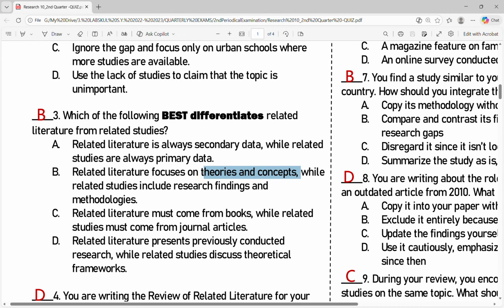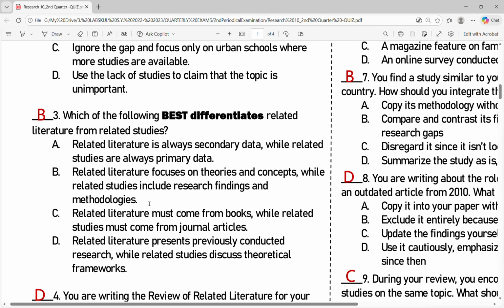That's why I told you what you're going to include in your literature are the theories that you have indicated in your theoretical framework, as well as the concepts or ideas of what your variables or your topic is all about, while related studies include research findings and methodologies.